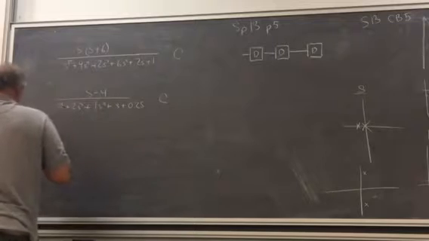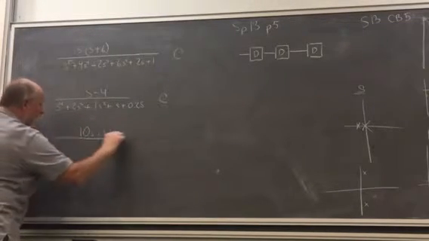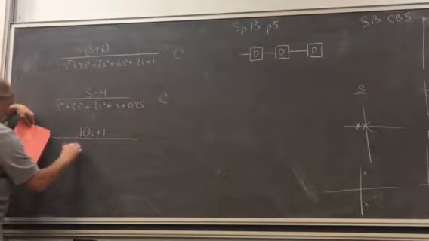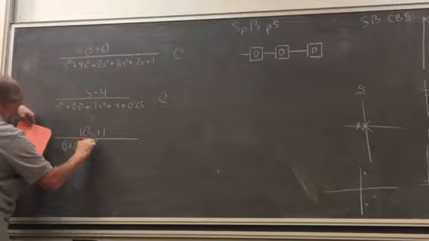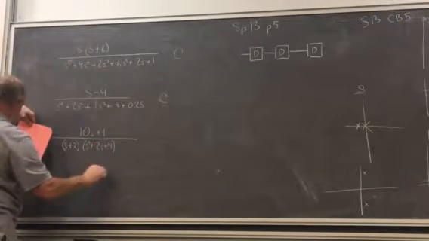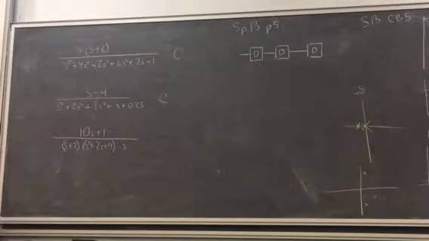The next one down. 10S plus 1 over S plus 2, S squared plus 2S plus 4, times S. Do we multiply this out?